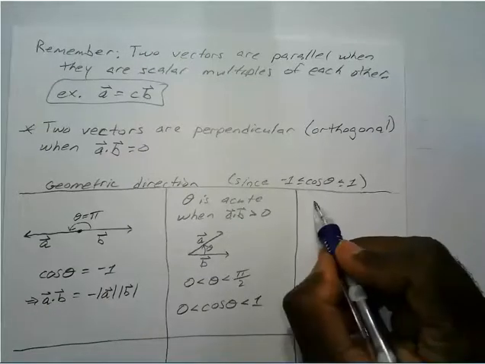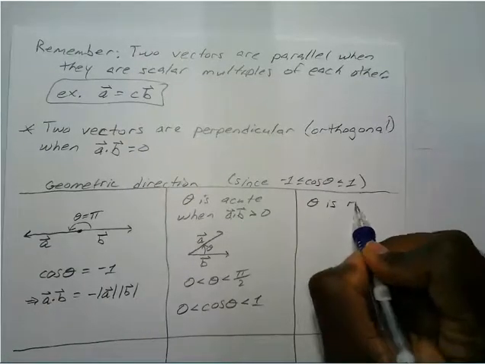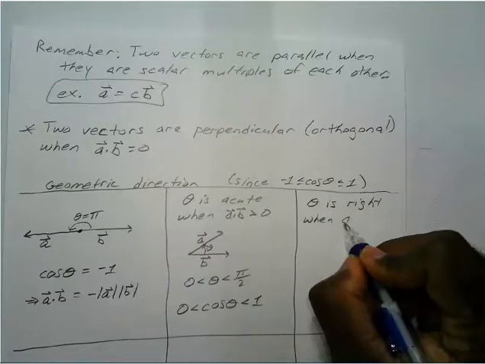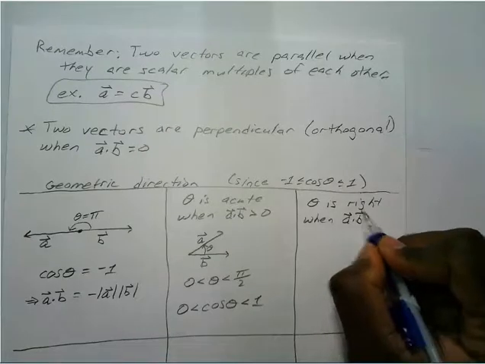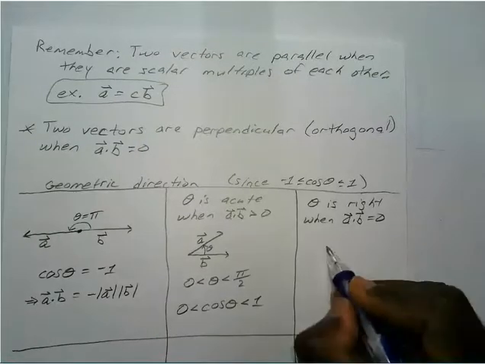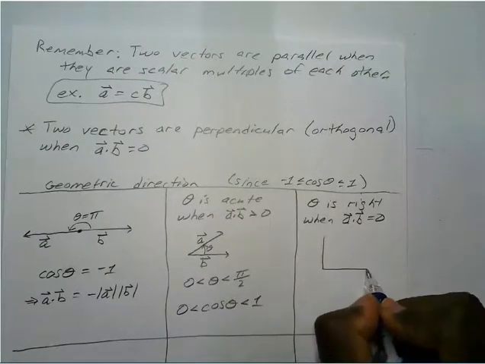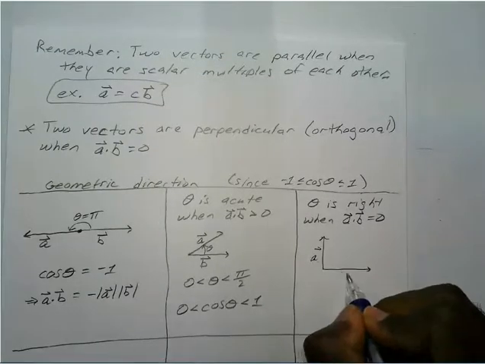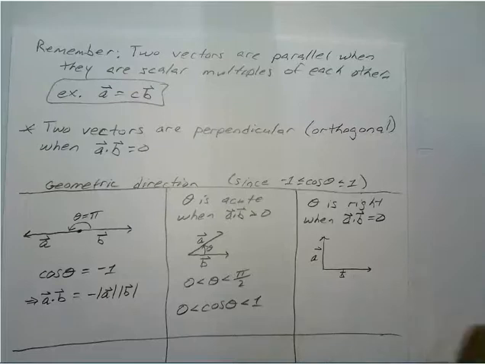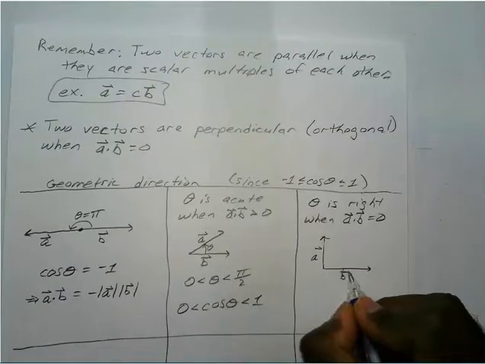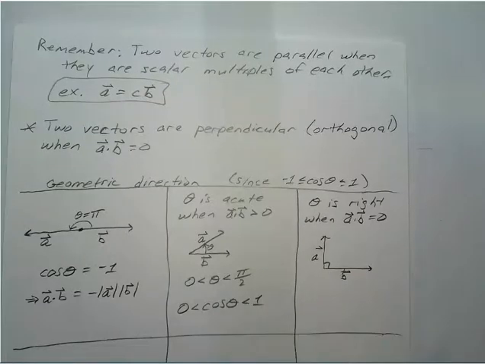Okay, what about a right angle? Theta is a right angle when our dot product is equal to 0, just like we showed there. Okay, why is that? Well, let's take a look at our vector A and vector B at a right angle.